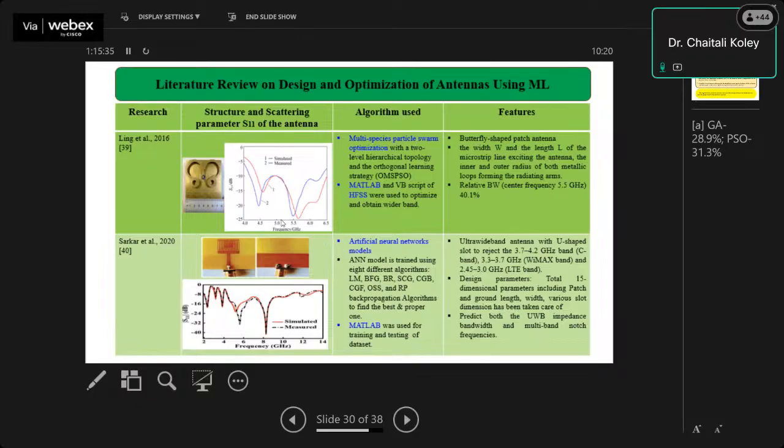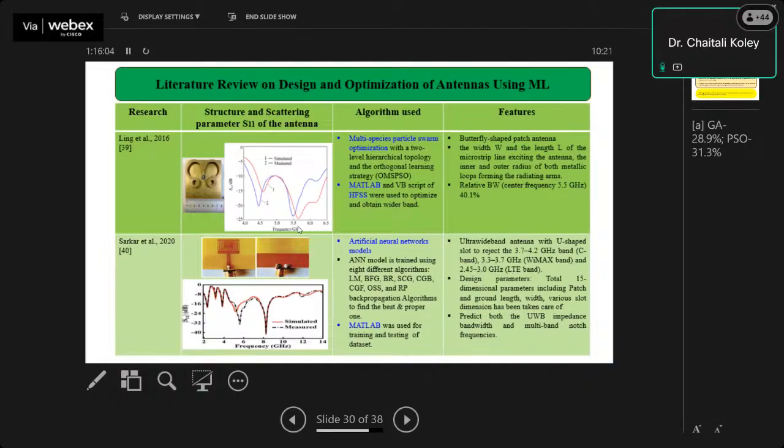If we see, it is almost a similar pattern or similar result. Here, the parameters they have considered are mainly the width W and length of the microstrip line exciting the antenna, and the inner and outer radius of the both metallic loops forming. These are all parameters they have considered for doing the optimization.